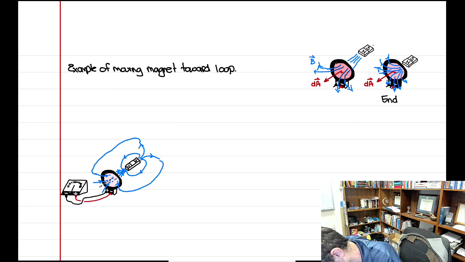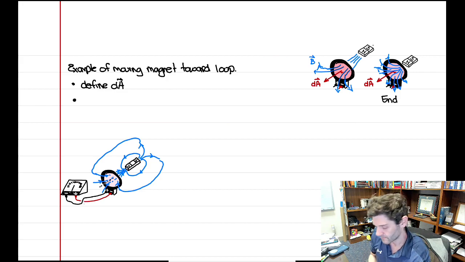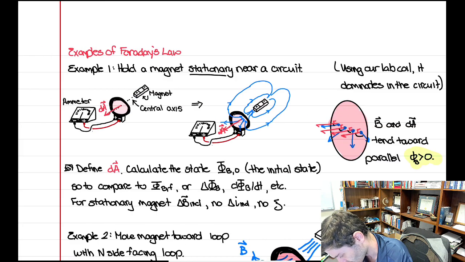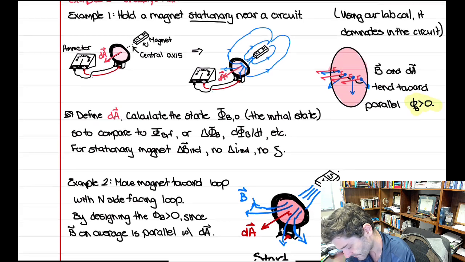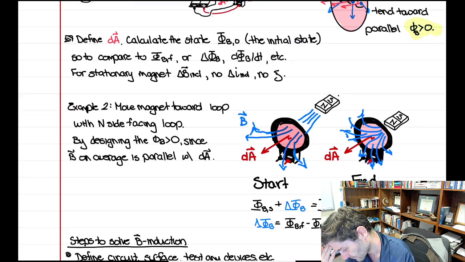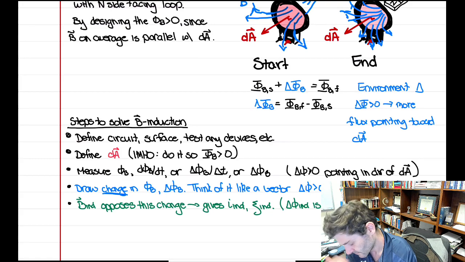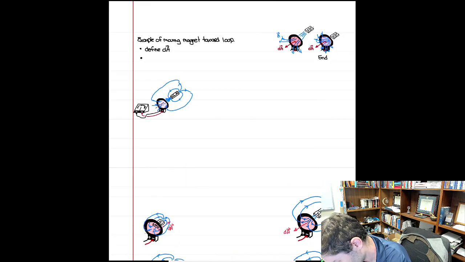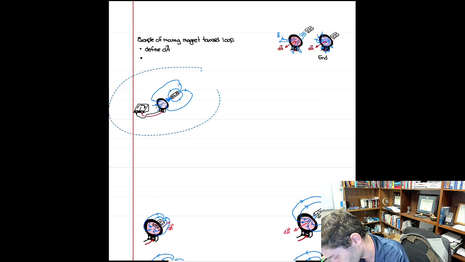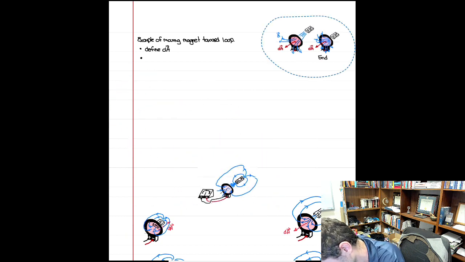Again, first step, I'm going to define my dA. Really, I've already done that. We define it so that the flux is always a positive number. In this case, I'm now going to measure this change in flux.